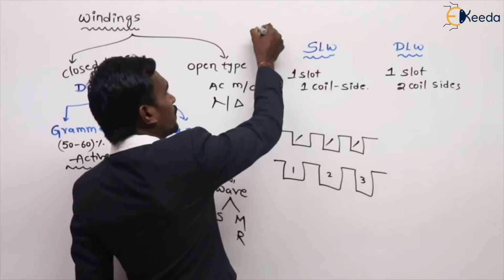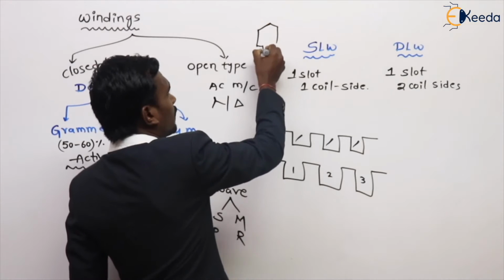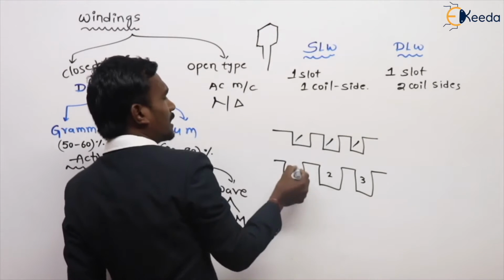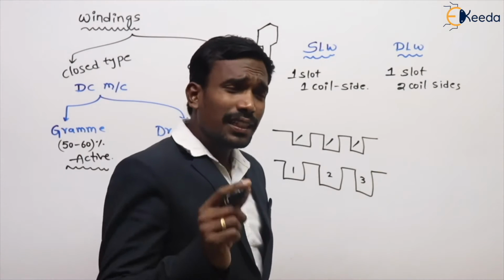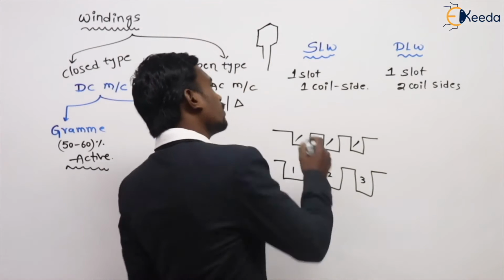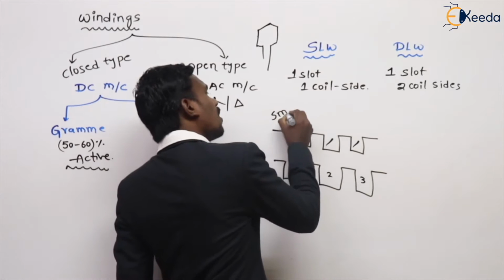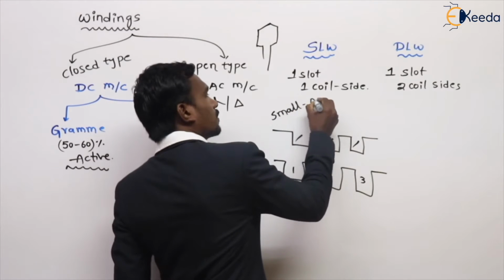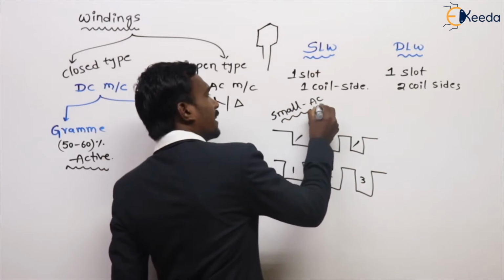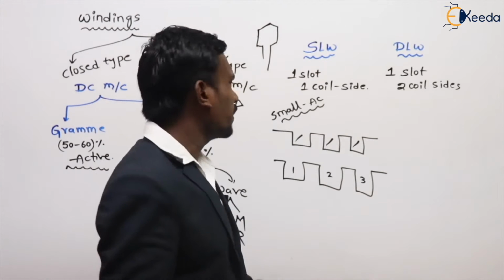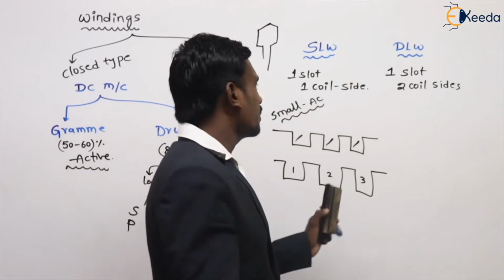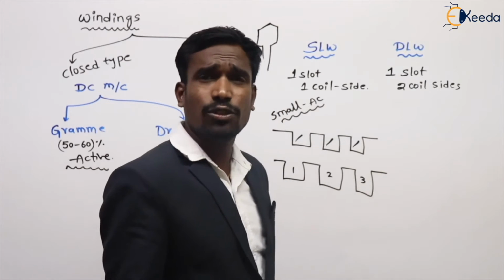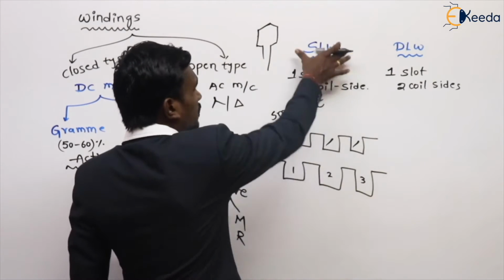For example, if you take a single turn coil, one coil side has only one conductor, then the second conductor, third conductor, etc. This single layer winding is generally used for small AC machines. Are you getting it or not? This is a very simple winding, generally used for small AC machines. This is not preferable for DC machines actually. So this is about single layer winding.